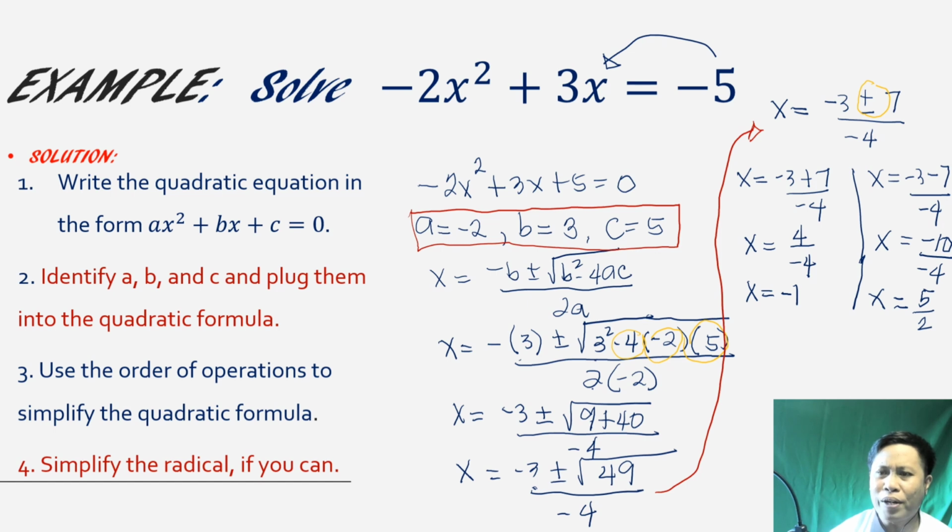Therefore, negative 1 and positive 5 over 2 are the solutions of the given quadratic equation. So the solution set is negative 1, 5 over 2. This is now the final answer. That is how we solve quadratic equations using the quadratic formula.